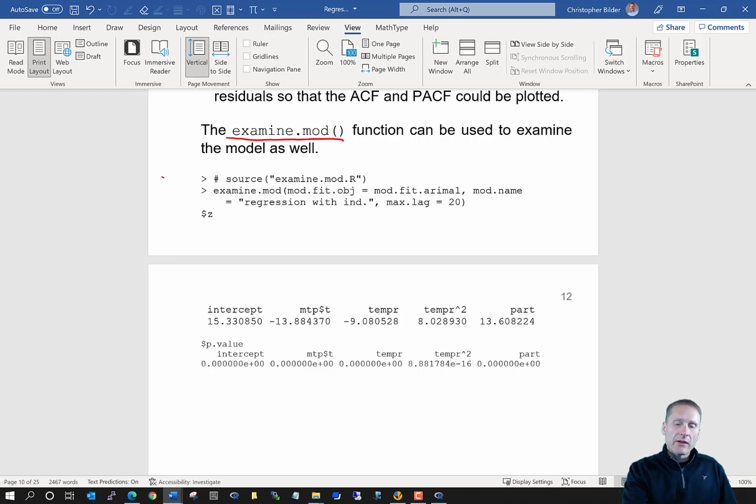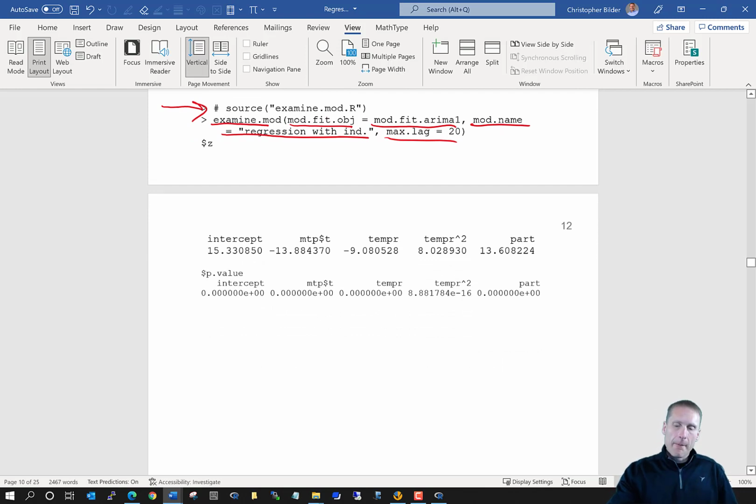So what I can do is source in the examine.mod.r file, or just open up this program in my programming editor and run that entire file. When I say examine.mod, for my model fit object, I put mod.fit.arima1. I give it a name so I can identify it with the corresponding plots. And let's say here I use a max lag of 20. And this is what we get here.